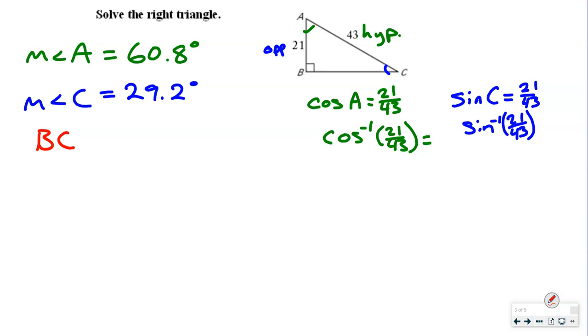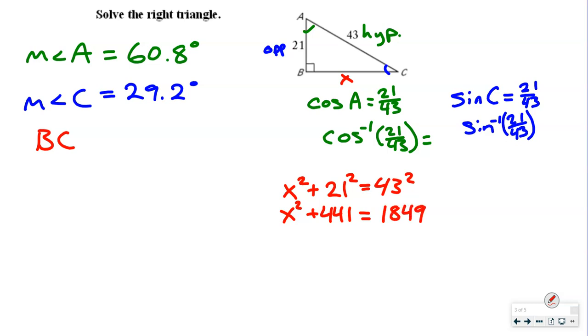So I know that I'm going to call BC x, that x squared plus 21 squared will equal 43 squared. 21 squared is 441. Still plus x squared. 43 squared is 1,849. I can subtract 441.